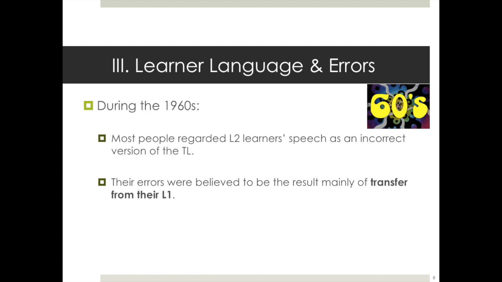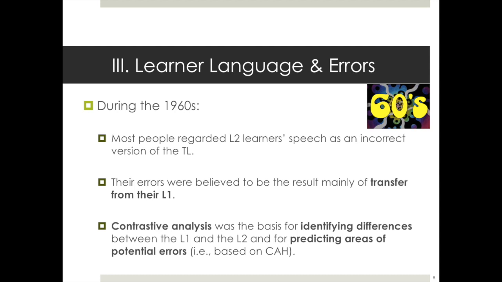As I just mentioned, contrastive analysis was the basis for identifying the differences between the first and the second language, and for making predictions about what will be the difficult areas for second language learners. It was called CAH, or Contrastive Analysis Hypothesis. So this is the 60s.